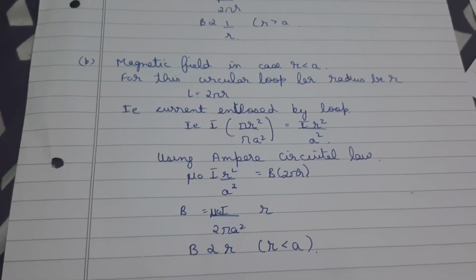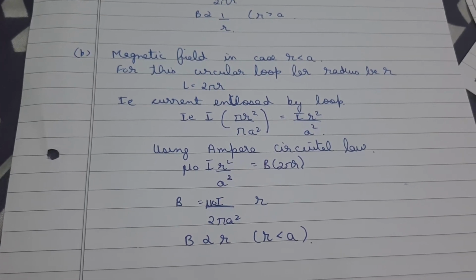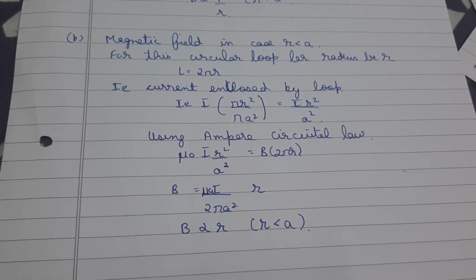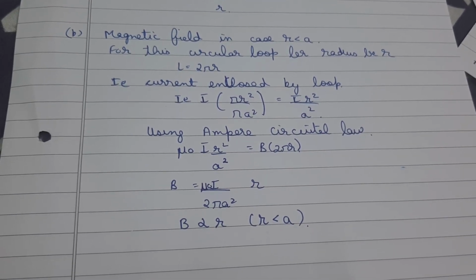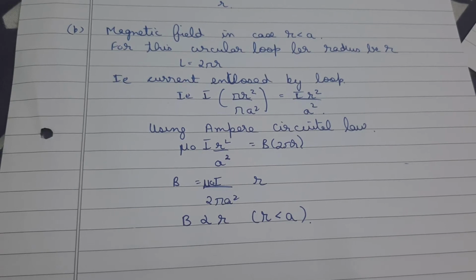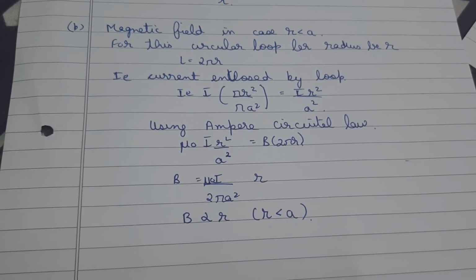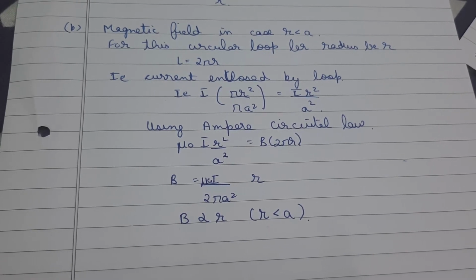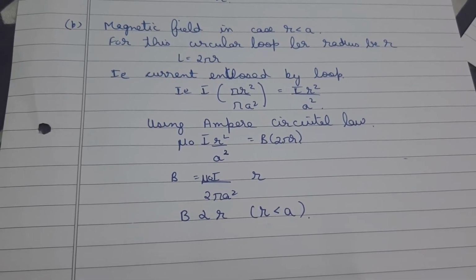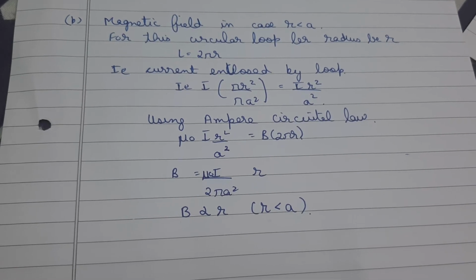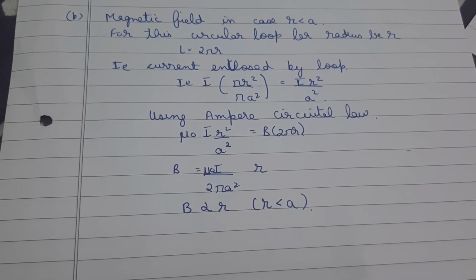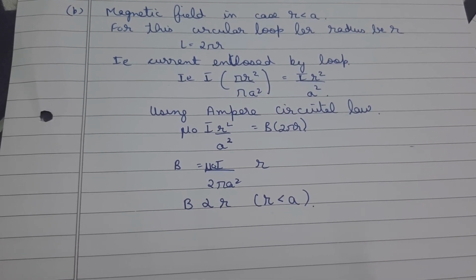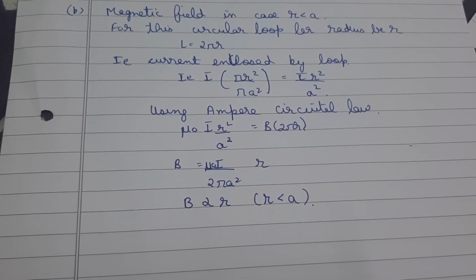Now for the magnetic field in the case r less than a, what will we do? We will draw a circle of radius r such that r is less than a. Here L is equal to 2 pi r, which means the circumference is 2 pi r. Now the current which is enclosed by the smaller loop is I E. So I E will be equal to I into pi r square upon pi a square, which means I E will be equal to I into r square upon a square.